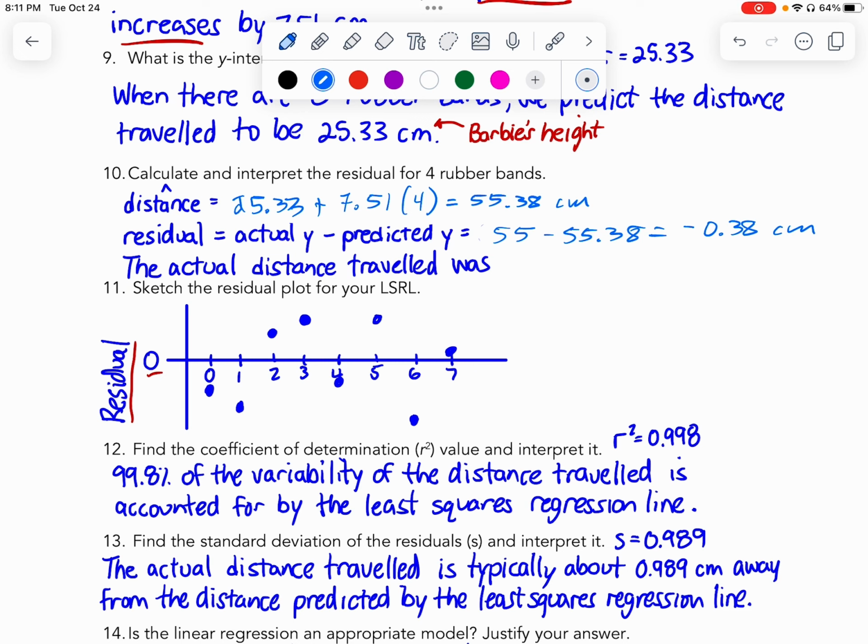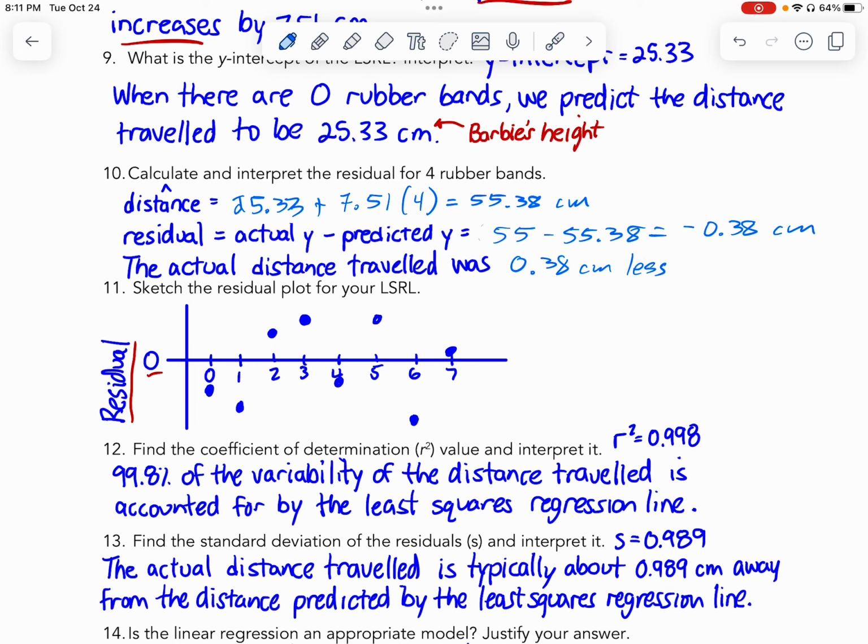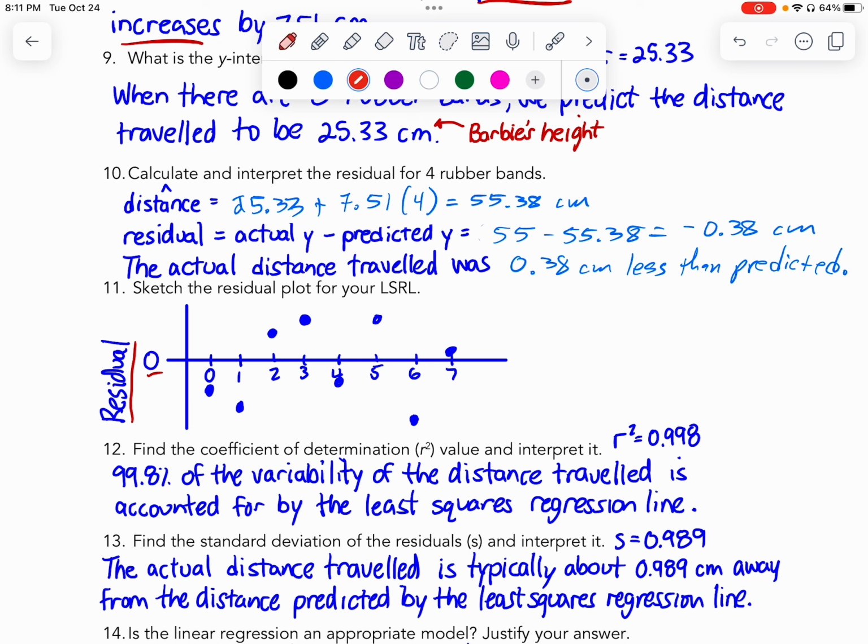Okay, so what does that mean? Make sure you interpret that. Don't just say, I found it. That means the actual distance that Barbie traveled was 0.38 centimeters less, because it's negative, less than we predicted. Another way to say this is, this just rings true for me.